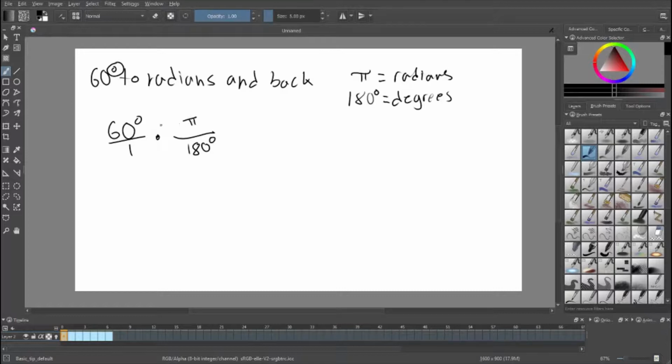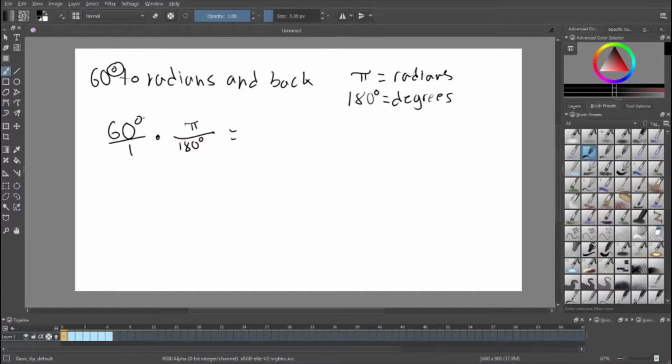So what we are trying to do is to get rid of the degree symbol. The way we're going to do that is we put the degree symbol in the denominator so it cancels out later on, and we just fill in the numerator with whatever's left, and so we have this sort of thing.